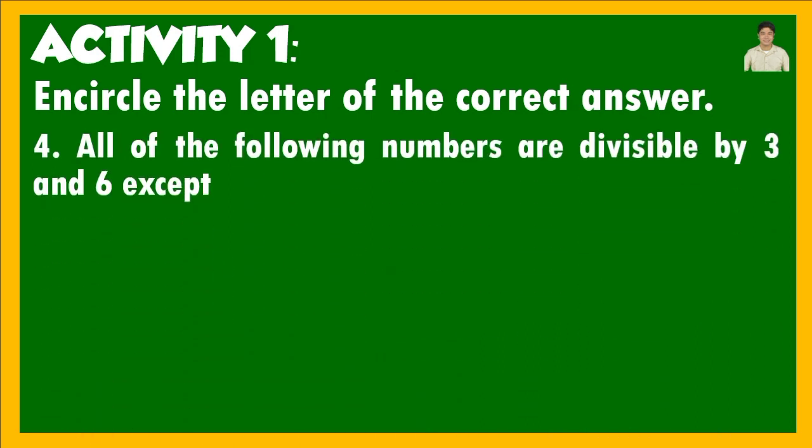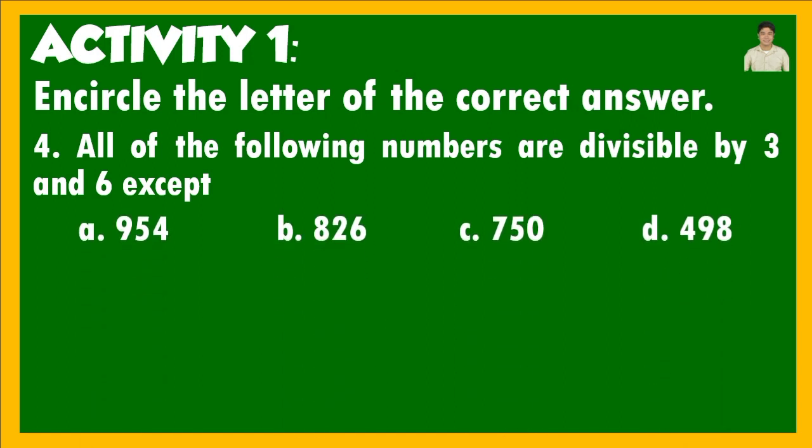Number 4. All of the following numbers are divisible by 3 and 6 except, okay, so dito, yung ating mga choices, lahat daw sila divisible by 3 and 6. Maliban daw dun sa isa. Okay, so ibig sabihin, tatlo dito sa mga given choices natin, divisible by 3 and 6.